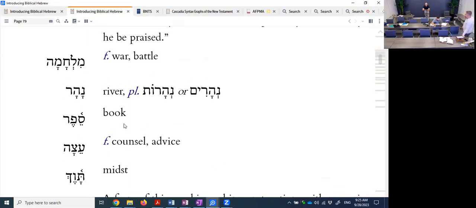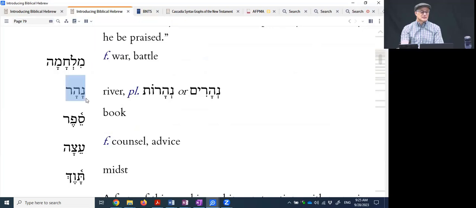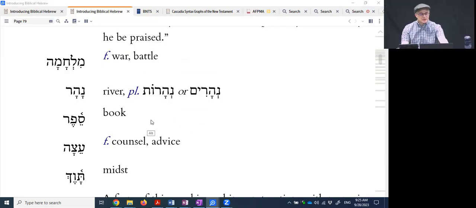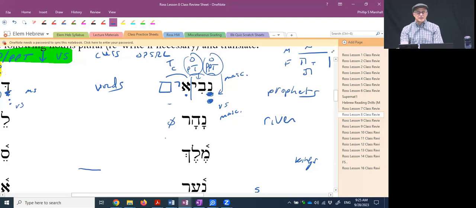Here is the word for river, nahar. And notice it gives you the plural forms. What do you see? You see naharim or naharot here. So this is one of those nouns that actually forms its plural using both endings, im or ot. It would still appear to be masculine no matter which of those two it has, but we could choose one or the other.